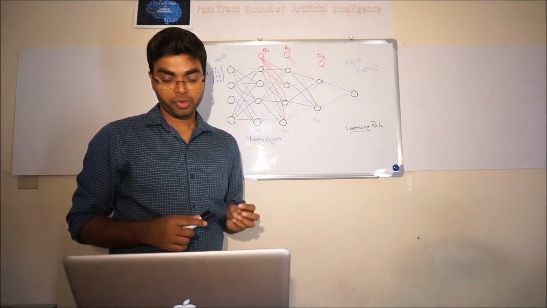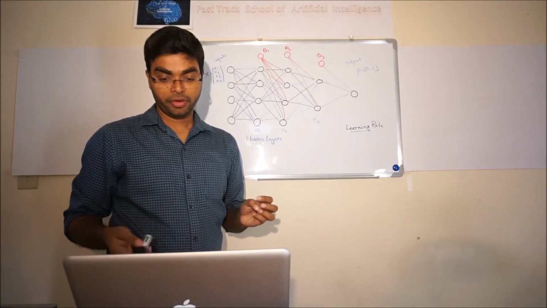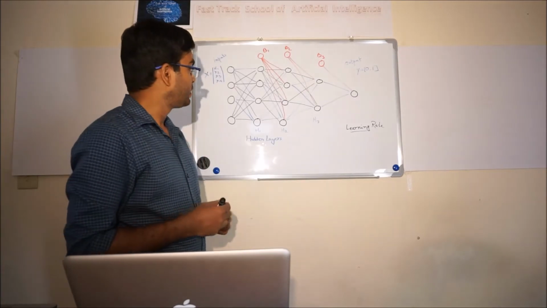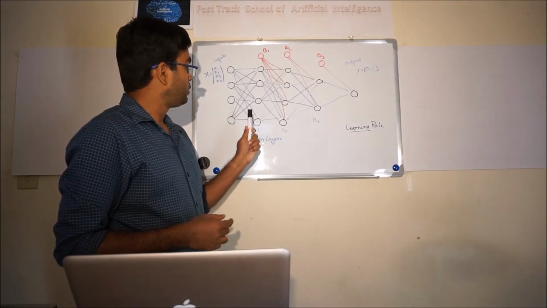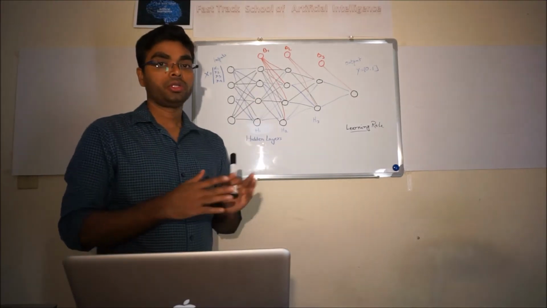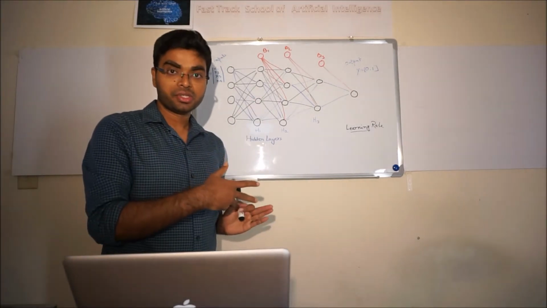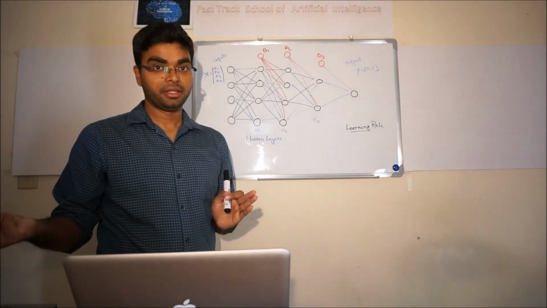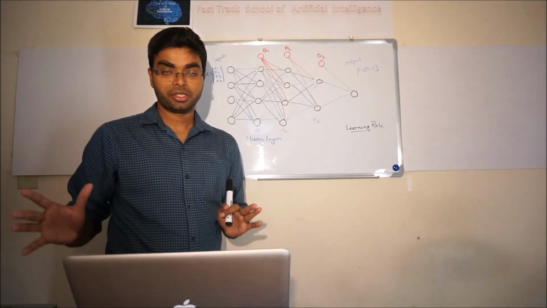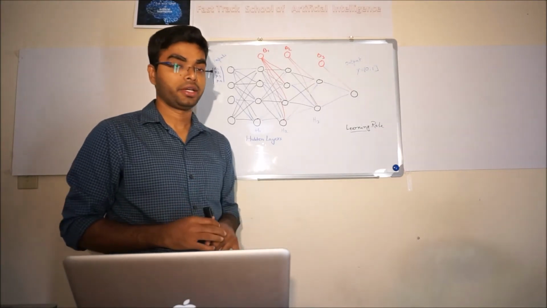The next point we are going to discuss is the dense layer, or fully connected layer. Normally, if one neuron is connected to all the neurons in the previous layer and the next layer, these kinds of layers are called a dense network or fully connected network.